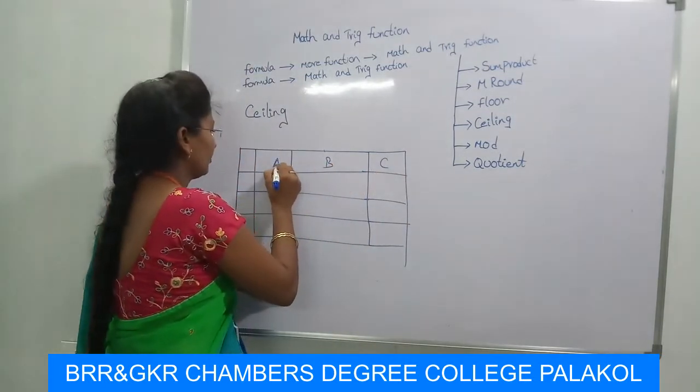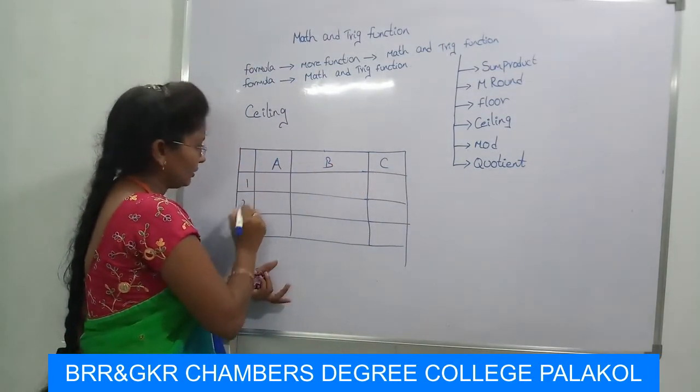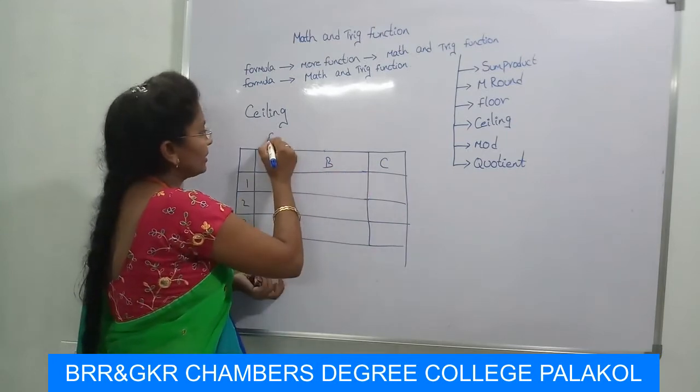Row 1, row 2, row 3, column A, column B, column C, and the formula bar here.